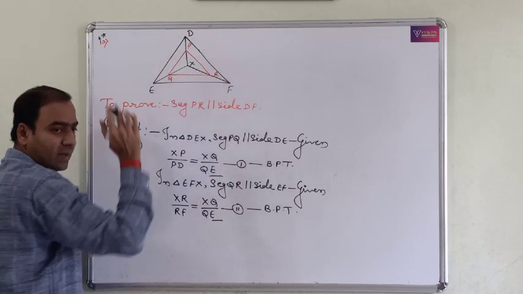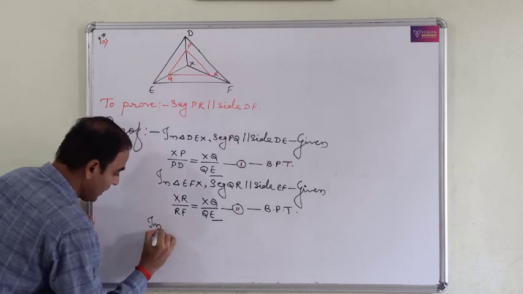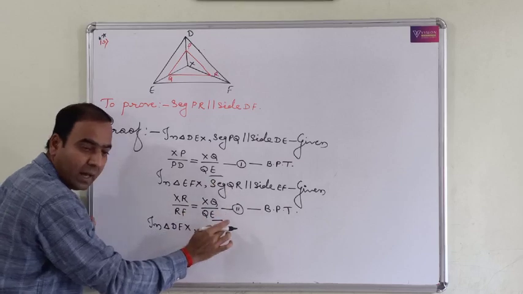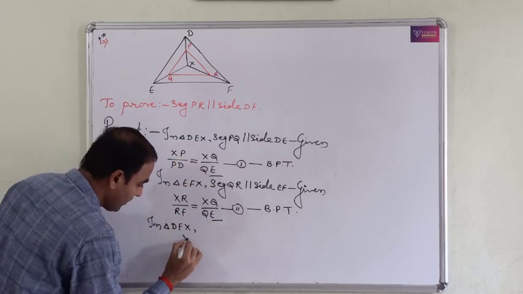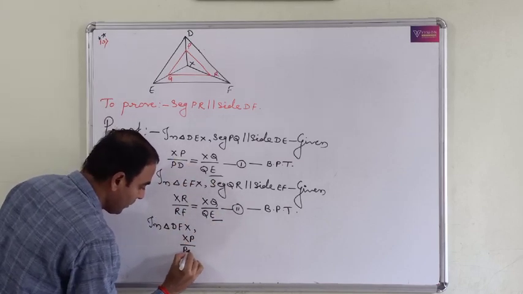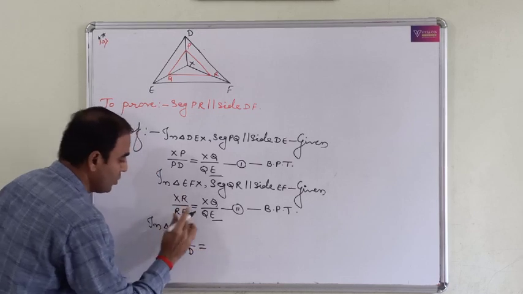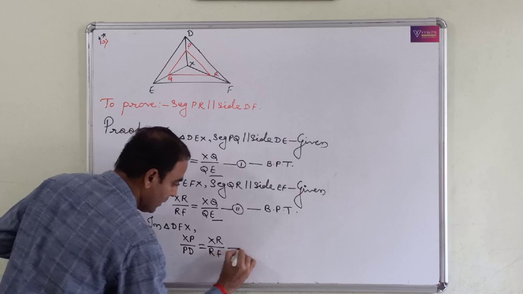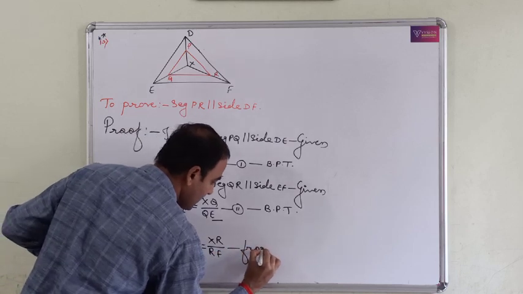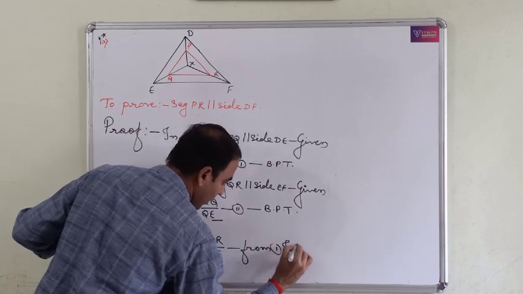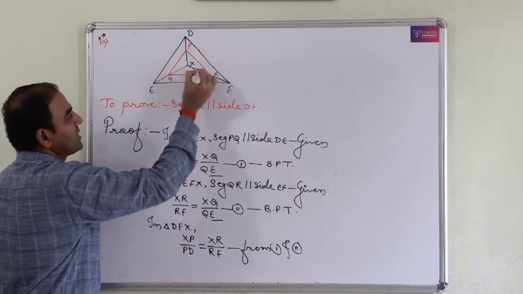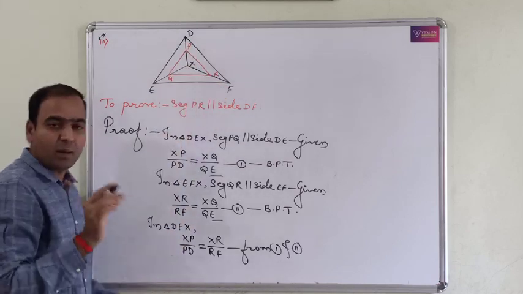This happens in triangle DFX. So we are taking triangle DFX. What do you get from 1 and 2? XP upon PD is equal to XR upon RF. What did we prove? XP upon PD is equal to XR upon RF.